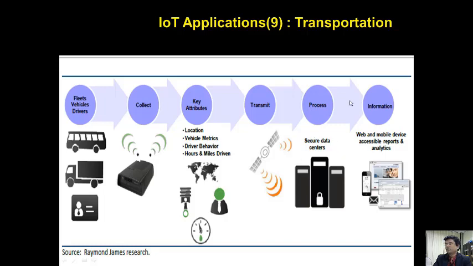Using some data mining techniques, using web or mobile device, you can access the overall data or reports. That way it is very easy to control or manage the transportation facility for the company. It will be very easy.